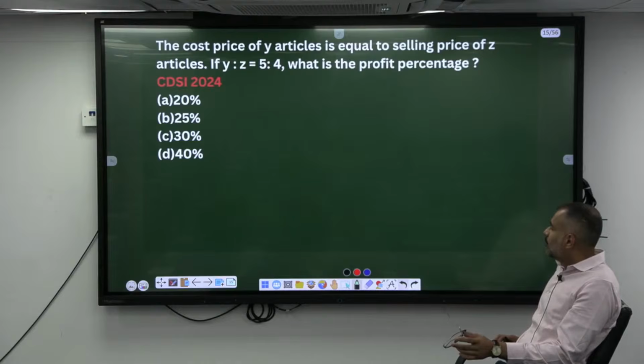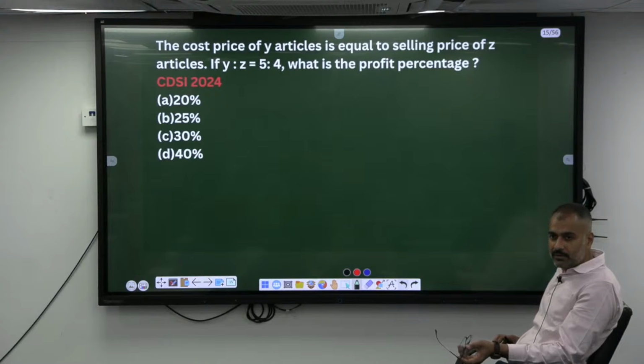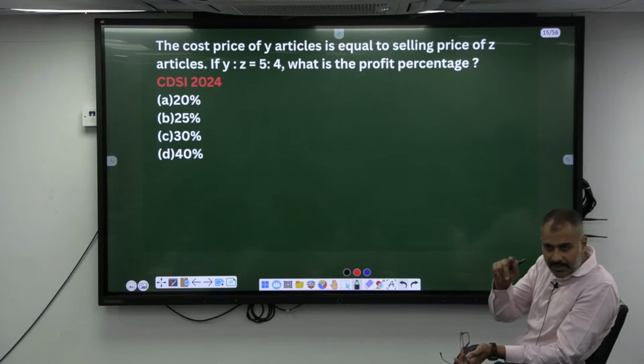The CP of Y is equal to SP of Z, where Y value is equal to 5, Z value is equal to 4. So can I find out the ratio of CP and SP?